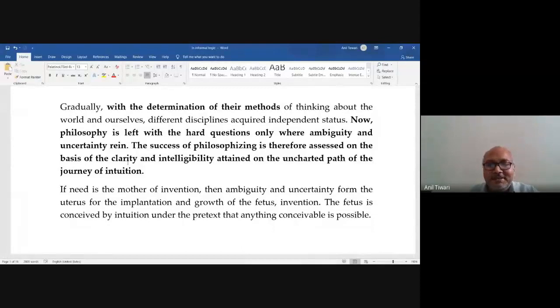Now, I made another observation, depending on my study here. If need is the mother of invention, a very popular saying we all know, then ambiguity and uncertainty form the uterus for the implantation and growth of the fetus called invention.